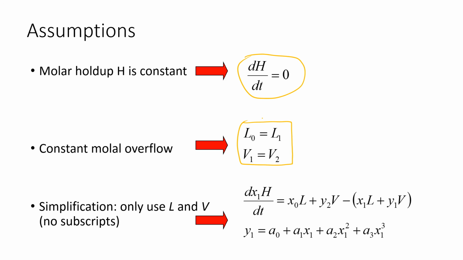Okay, and then from these 2 assumptions, we can use L and V only. We can drop some of the subscripts that you saw, the L1 and the V1, and just say this is going to equal L and that is just going to equal V.